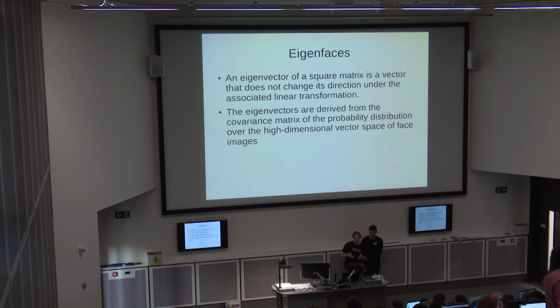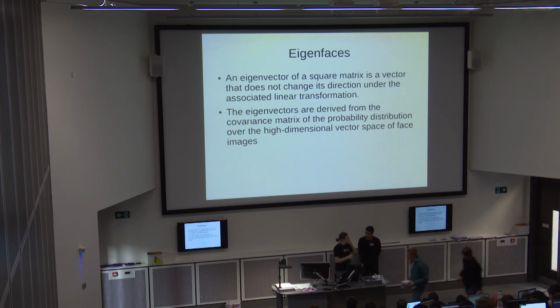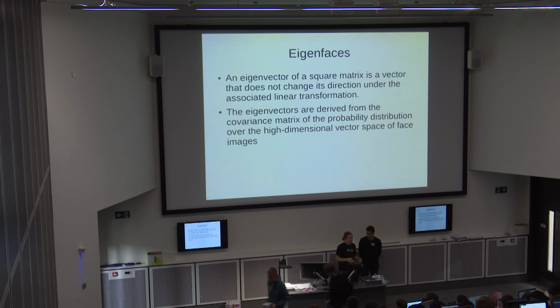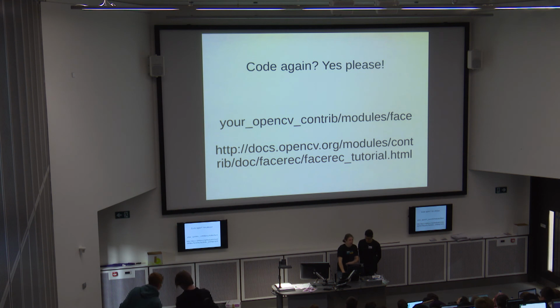So if the algorithm is very sure about how his nose looks, then his nose will be very important in the algorithm. On the other hand, if the algorithm is not very sure about the eyes, then it won't have that much weight. Try it again afterwards if you like.